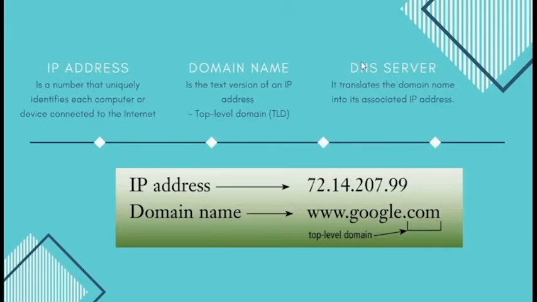And then we have the DNS server. It translates the domain name into its associated IP address. So that is the work of DNS, it translates your domain name, which is the text version of an IP address, into an IP address. Because in the network, what can be read is binary.